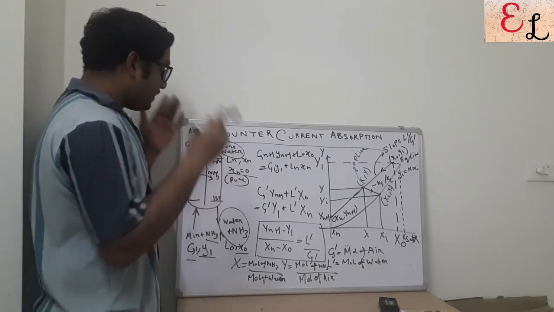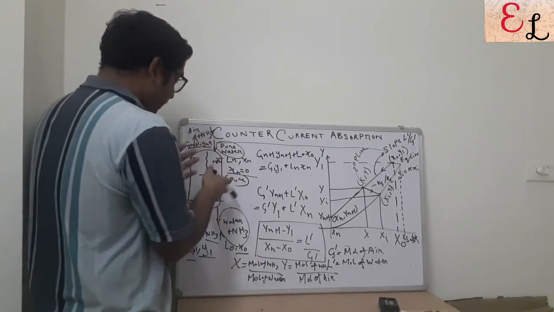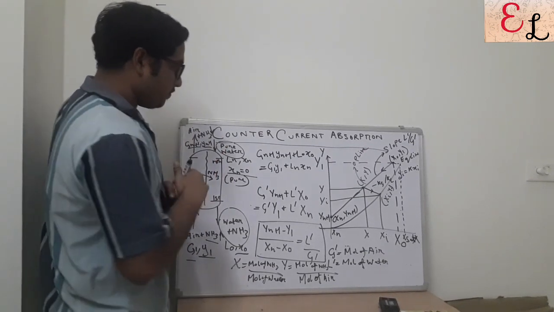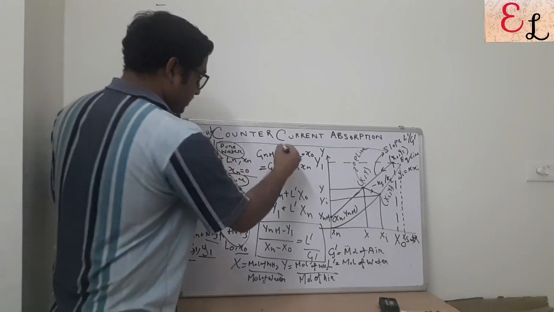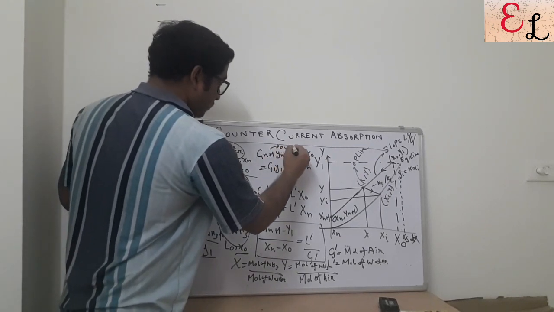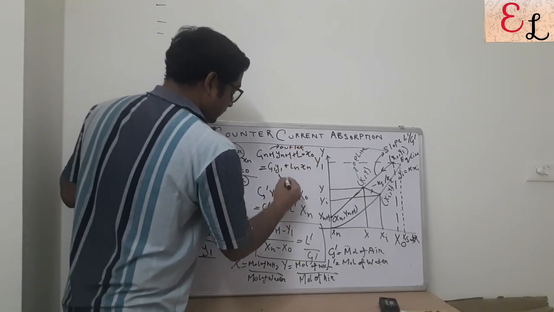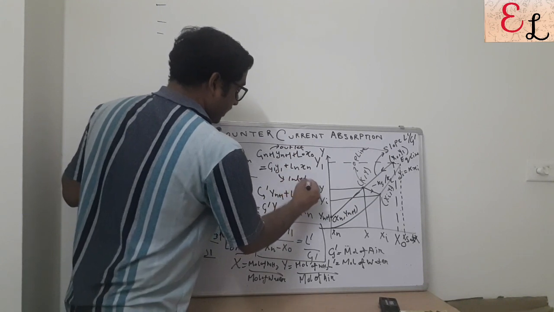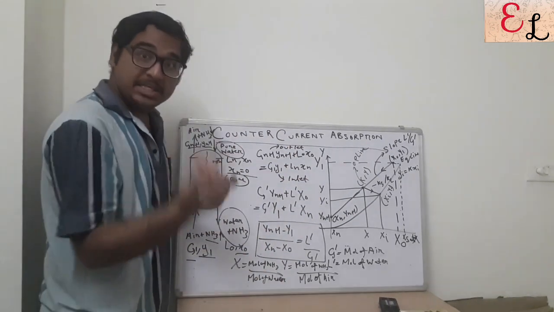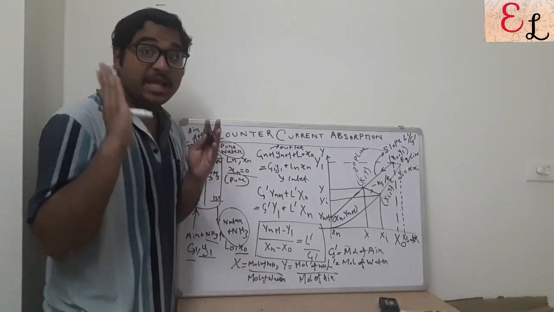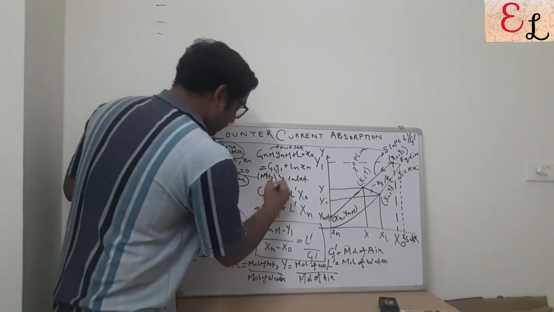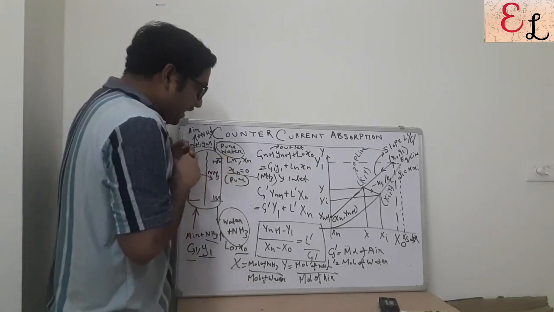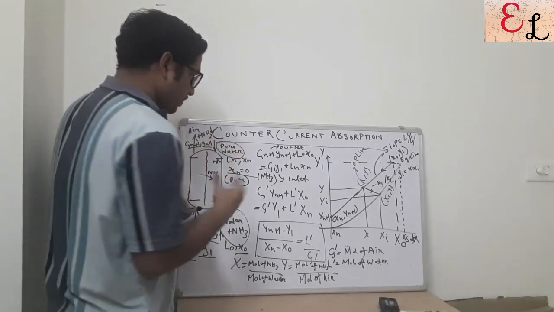So if we strike the mass balance of this entire column, we get Gn+1, that is first the exiting streams, this is the outlet stream, and this is the inlet. So inlet NH3 is equal to outlet NH3. We are striking the NH3 balance. So inlet stream, how much NH3 is coming with the inlet stream?